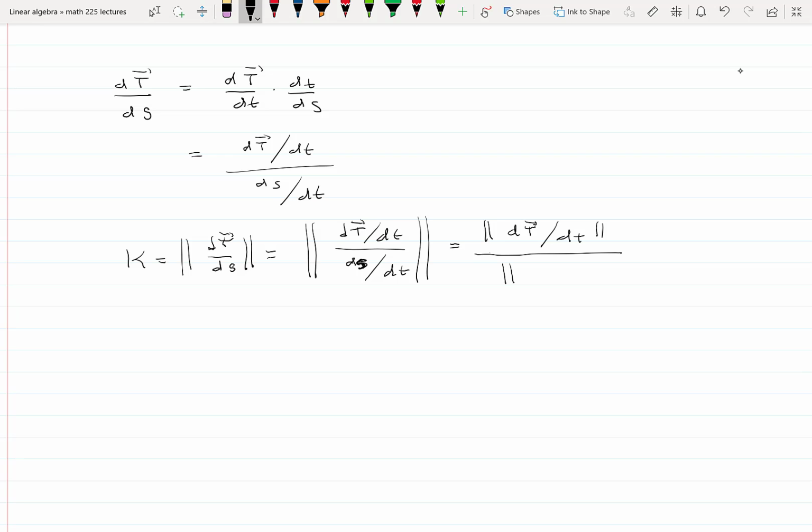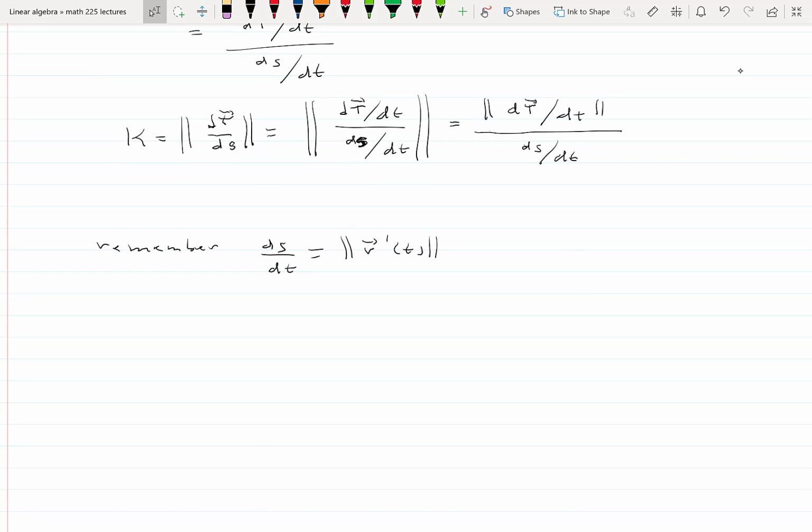Remember that ds/dt is equal to the magnitude of r prime, from the beginning of our discussion. So that shows we don't really need the absolute value bars on the ds/dt, but it does give us our workable formula.